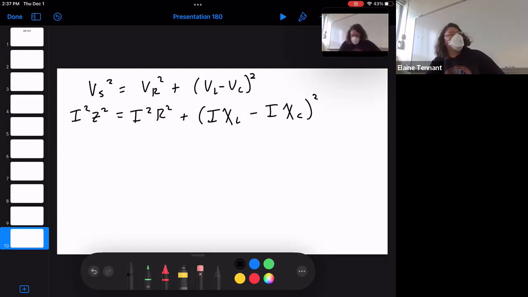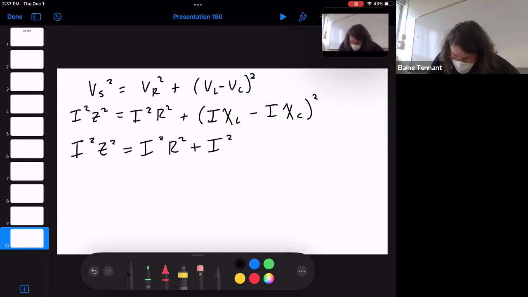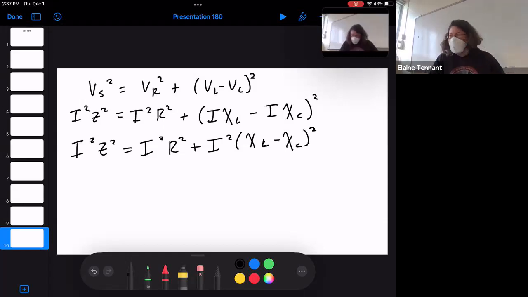Okie dokie. I can pull that I outside of the parentheses. It will become squared when I do that. So we'll have an I squared, Z squared, I squared, R squared, plus I squared, this thing squared. Can I cancel out those I's?